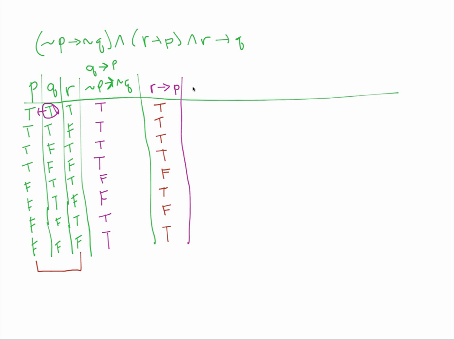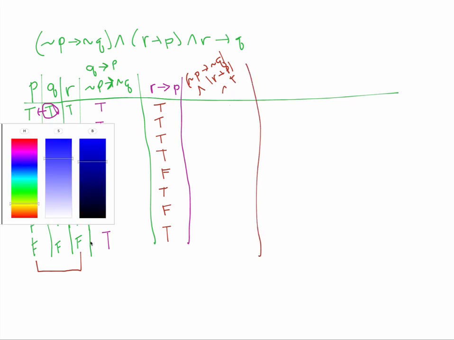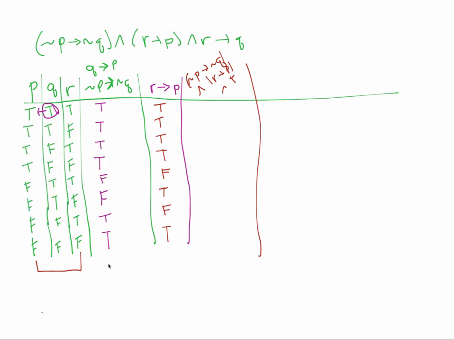Now I'm going to do a column for, if I can fit all this in, not P implies not Q, so that's the fourth column, and R implies P, and R. So that is, which columns?